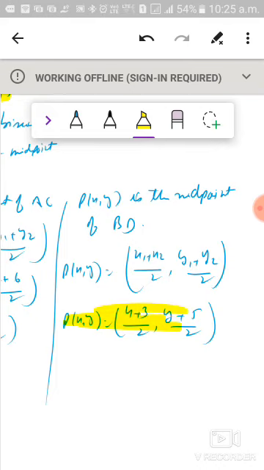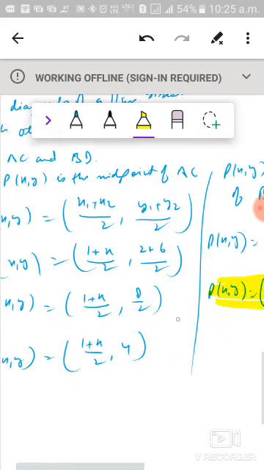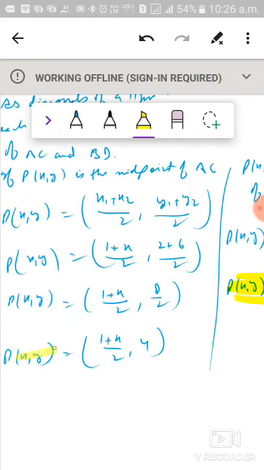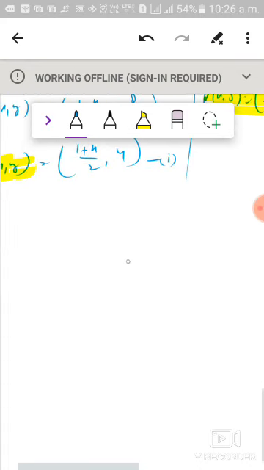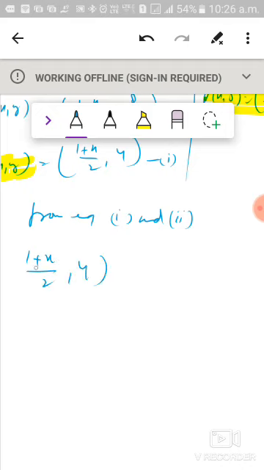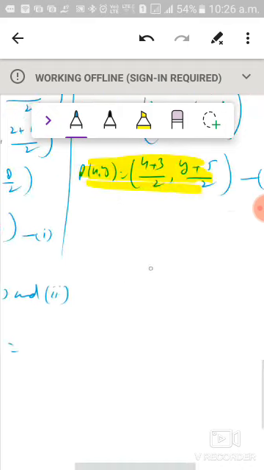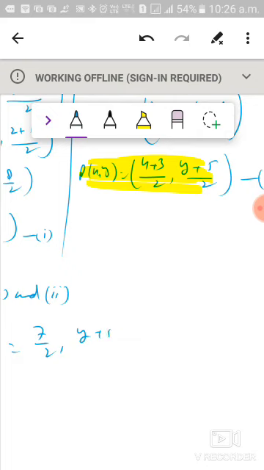Okay, so now this point and this point are the same, right? This point and this point are the same or not? So let us take this as equation number 1 and this as equation number 2. Because point P is the same, from equation 1 and 2, I can write 1 plus x by 2 comma 4 is equal to 4 plus 3, that is 7 by 2 comma y plus 5 by 2.